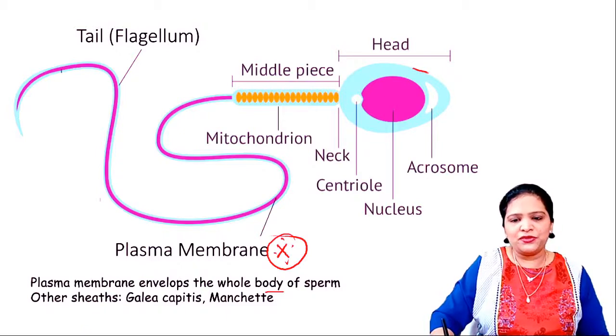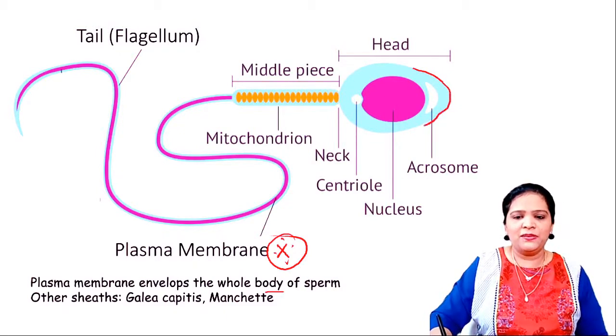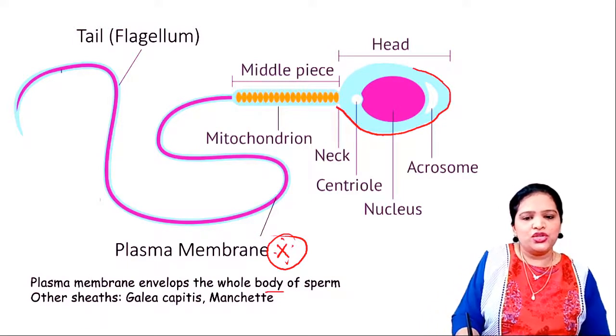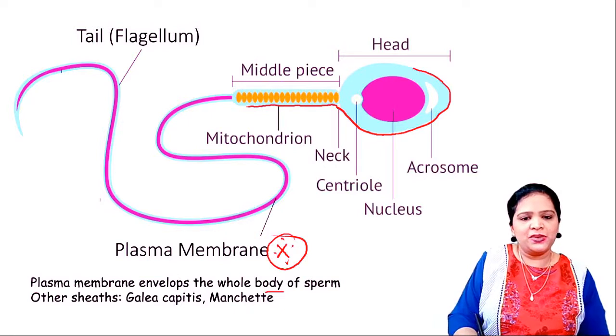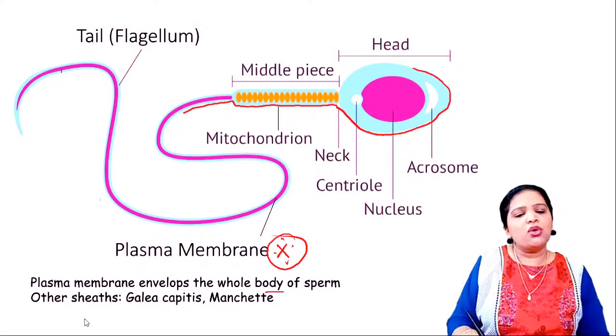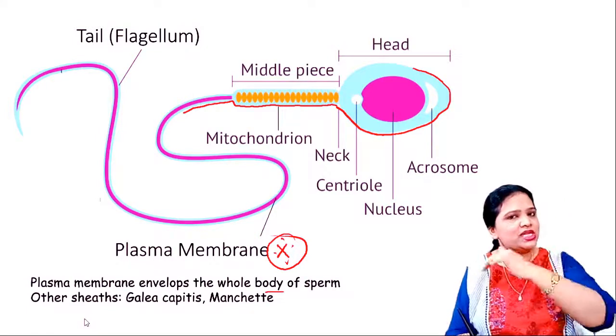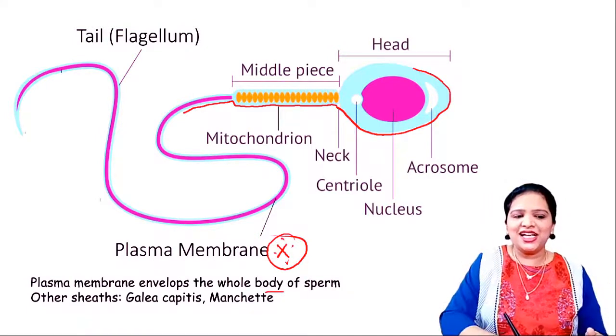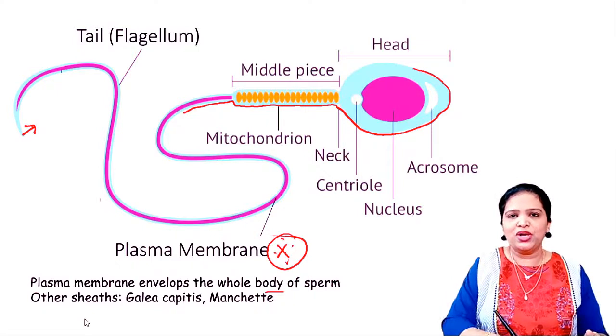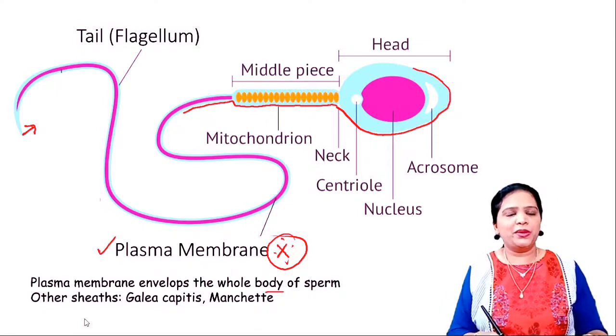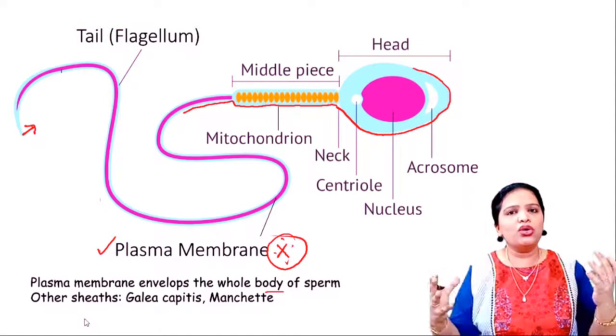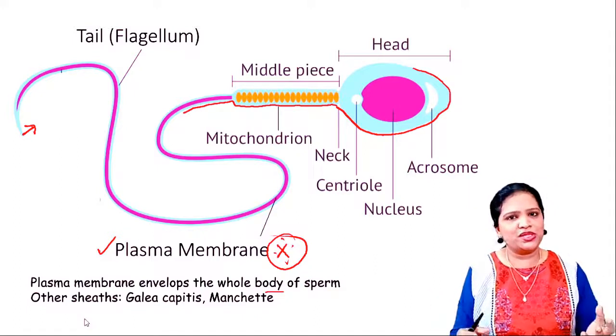It starts from the head, like this, from the head, it continues to the neck and middle piece, and it's coming out. You could see here the blue color, right? So all this covering starts from the head till the end part of the tail, this blue color. This is called plasma membrane. Plasma membrane is the whole outer covering of a sperm cell.